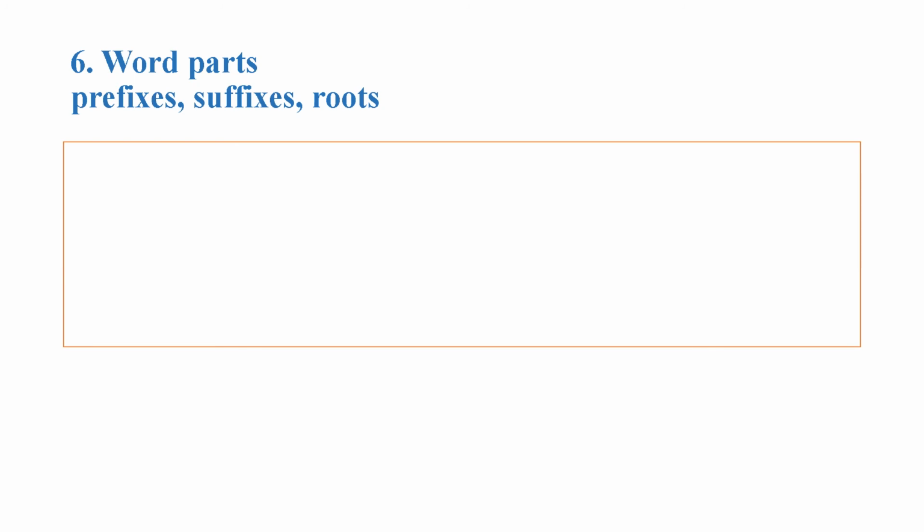The final type of context clues you could use to find out the meaning of unknown words is word parts. You might be familiar with prefixes, the word parts added to the beginning of a word, suffixes, word parts added at the end of a word, and roots, which are the parts of the word that make up the basic meaning. How do you use these parts of the word to guess the meaning of unfamiliar words? Let's give this simple example. Revitalize. Let's pretend that you've never seen this word before.